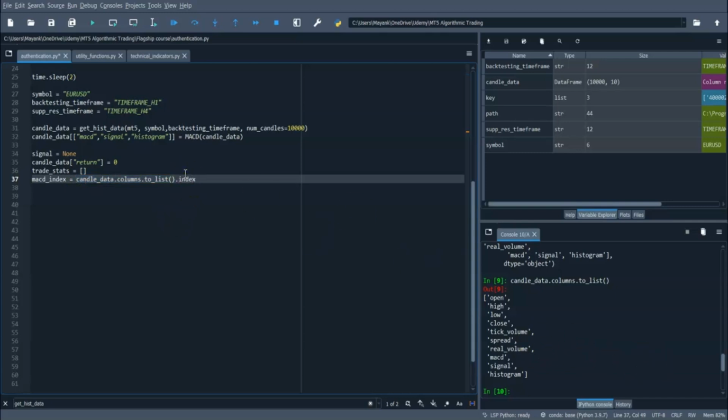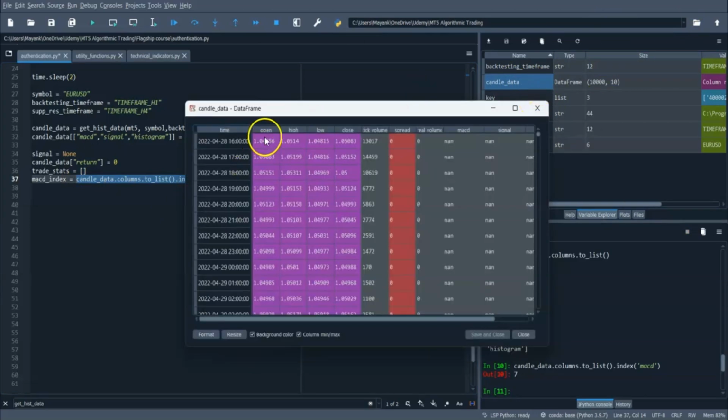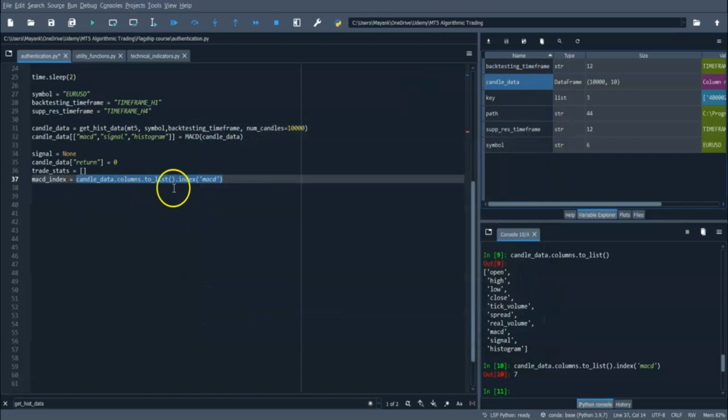And then here, I will find the index for the column MACD, right? So this would be 0, 1, 2, 3, 4, 5, 6, 7, right? So this should give me the index 7, all right? So you can actually count it, right? So you can open the data frame, see 0, 1, 2, 3, 4, 5, 6, 7, or you can use this command to get the index pertaining to MACD.